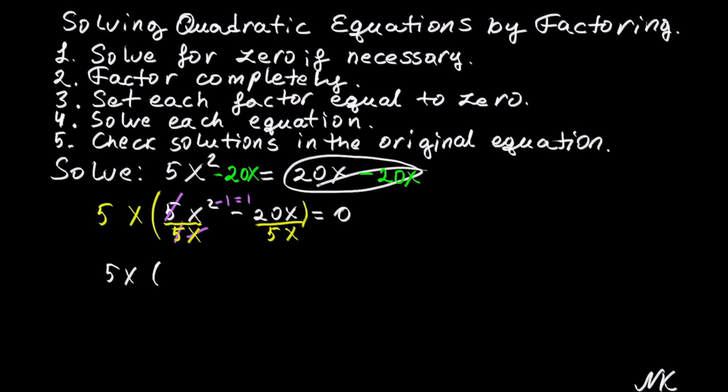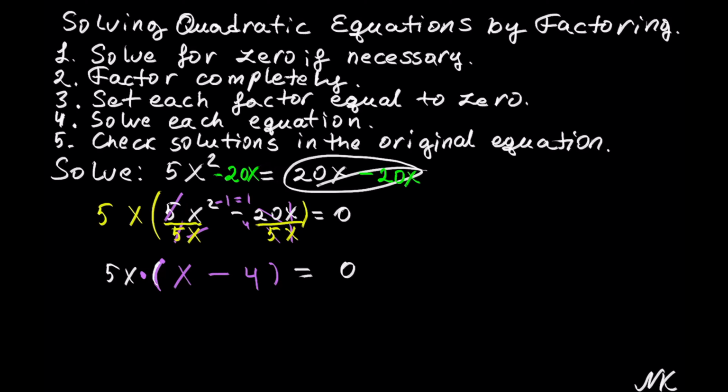So x goes into x squared x times, so we have an x, minus 5 goes into 20 4 times, so 20 divided by 5 is 4. X and x cancel into 1, close the parentheses, and this is equal to 0. So now we have two factors. We have 5x times the parentheses of x minus 4.